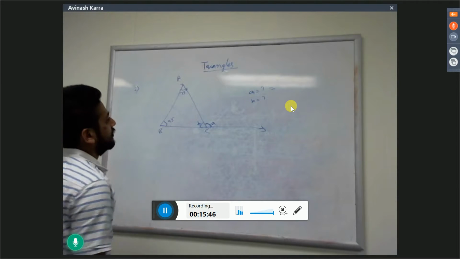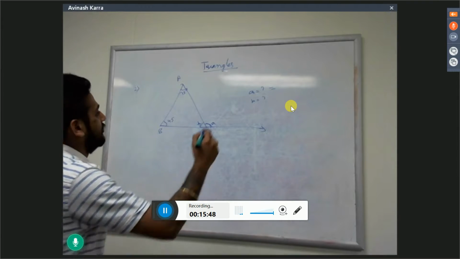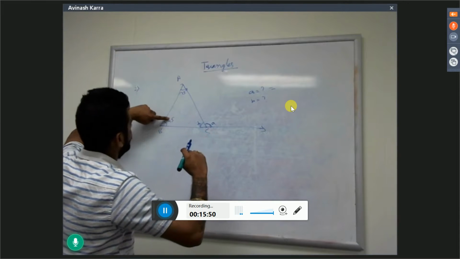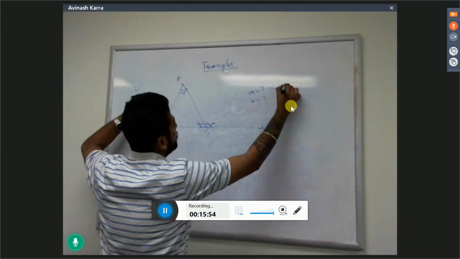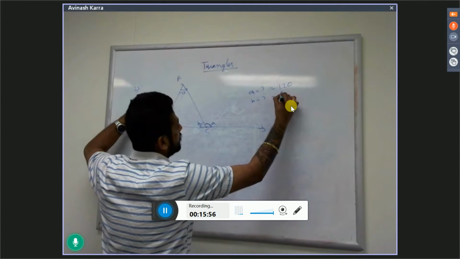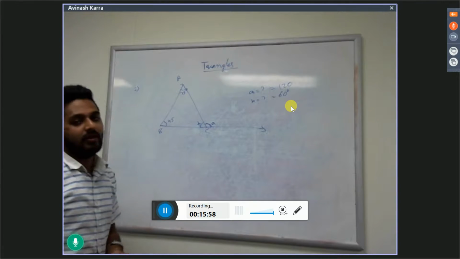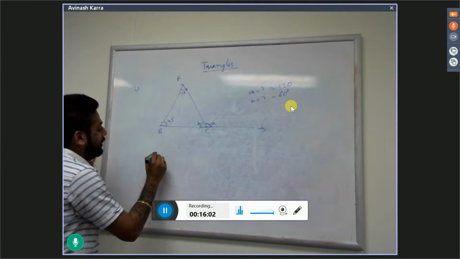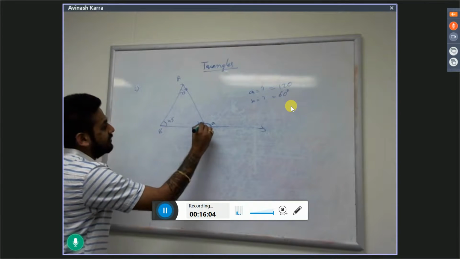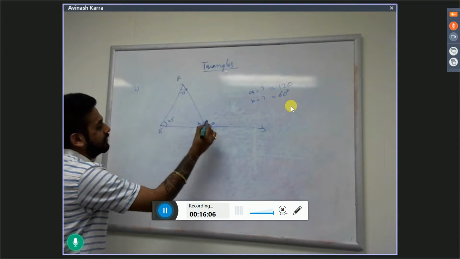Can we see the answers? Yeah. A is 120 and B is 60. Yes. And there is one formula. This is an exterior angle, right?